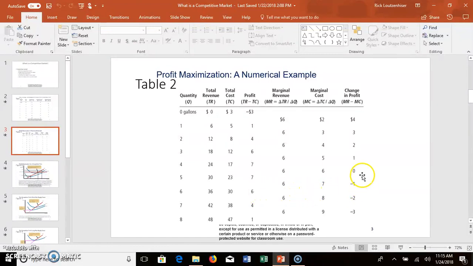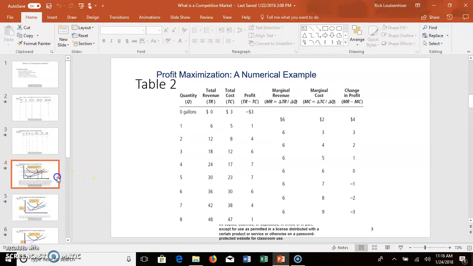Going from 4 to 5, the marginal revenue exceeds the marginal cost, and that's good. But to go to 6, they lose $1 and they drop down in profit from 7 to 6. So they want to operate there. They'll want to operate at 5. That'll be the size of that particular operation, an operation that makes 5 gallons. That's where the profit is maximized. They would not go farther.